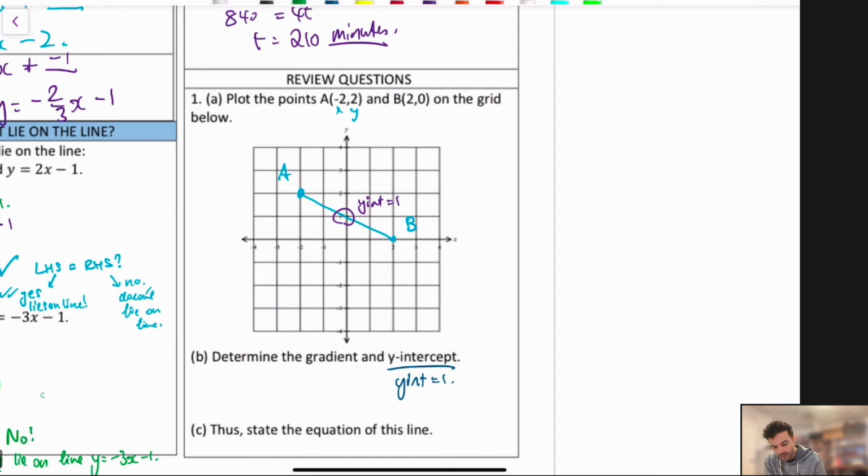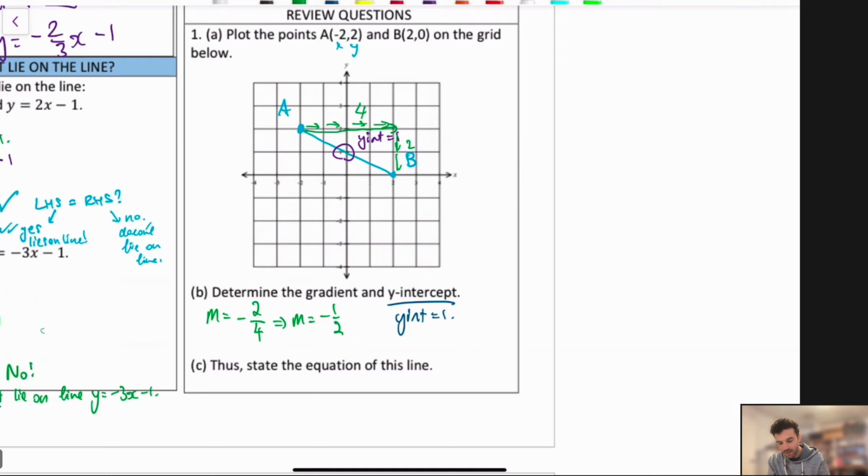It's going across 1, 2, 3, across 4, then going down 2. So the gradient is across 4, down 2, rise 2 over run 4, and we can see it's a negative gradient as you're going downhill. We can simplify that to m equals -1/2. So there we go, we've got the answer there.